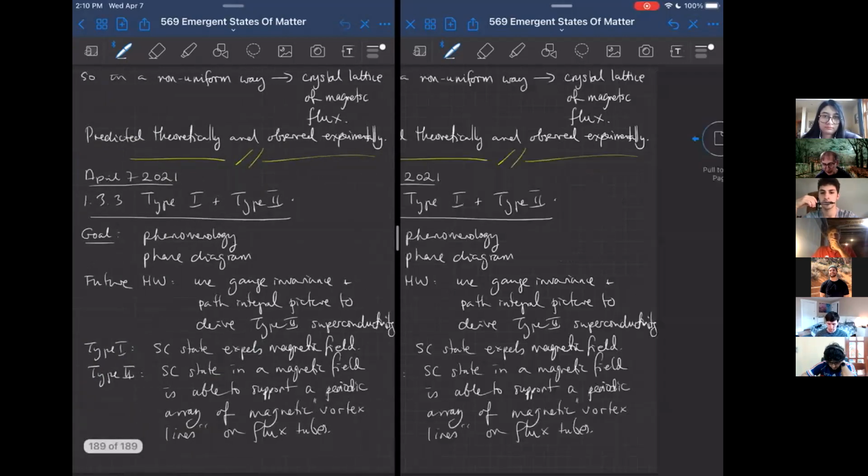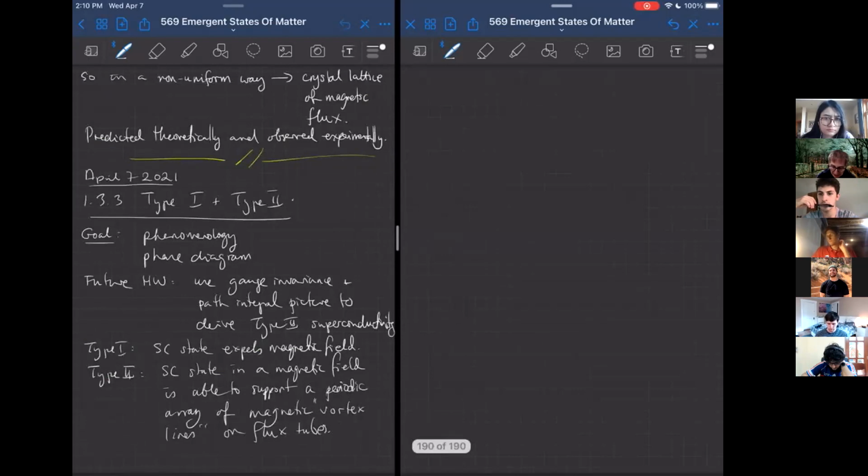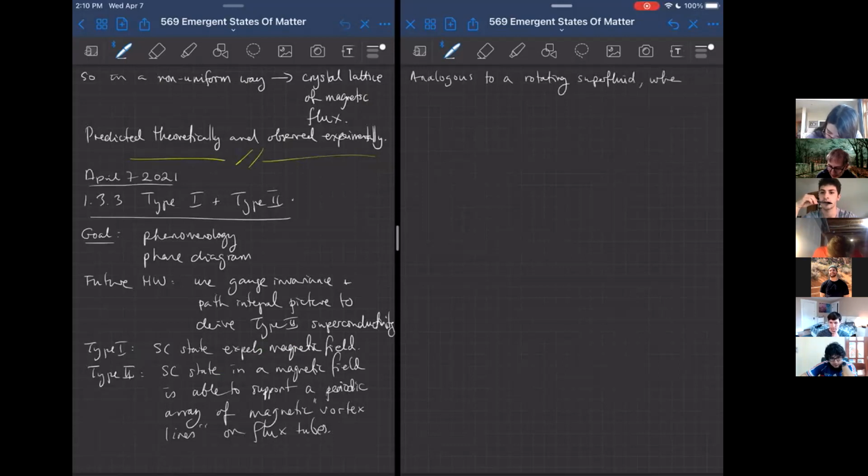And we call them vortex lines because they're pretty much analogous to what happens in a superfluid which is rotating. So in a rotating superfluid, you have quantum vortices, and these have a normal core.